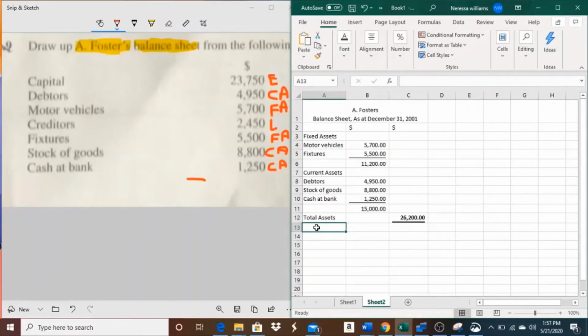So let's start with equity. Let's put the heading first. Capital, which is 23,750. We don't have any more equity, so let's go with the current liability.